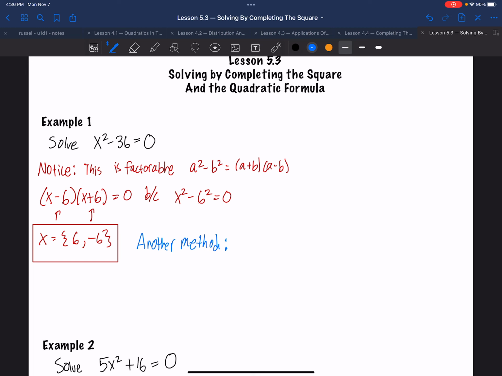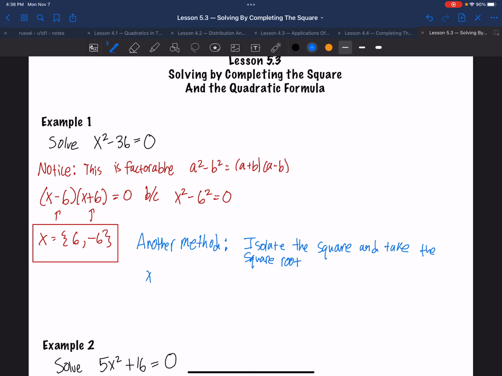And that is to isolate the square and take the square root. Sorry, I know I'm just writing here, but let's do that.